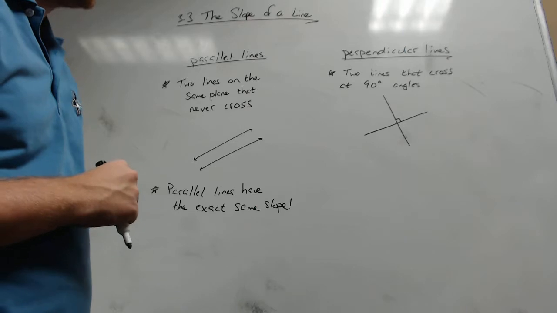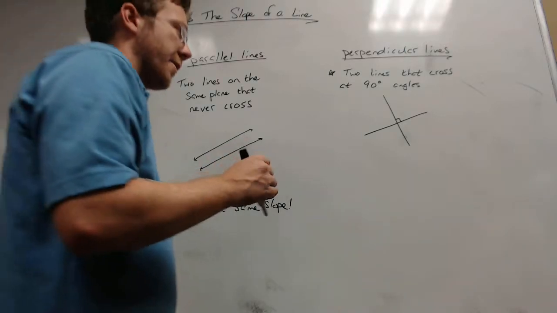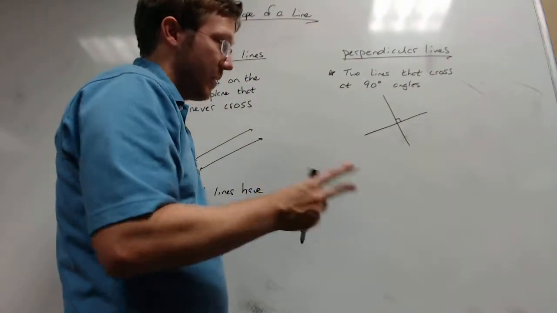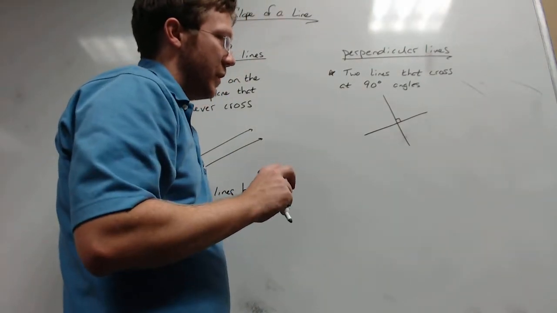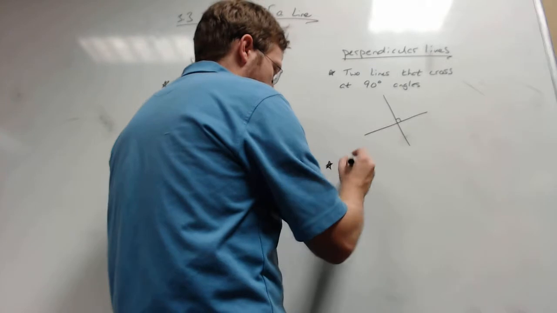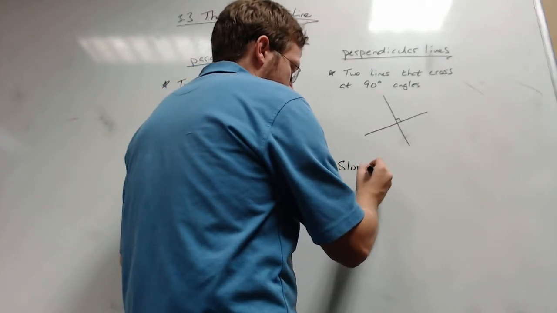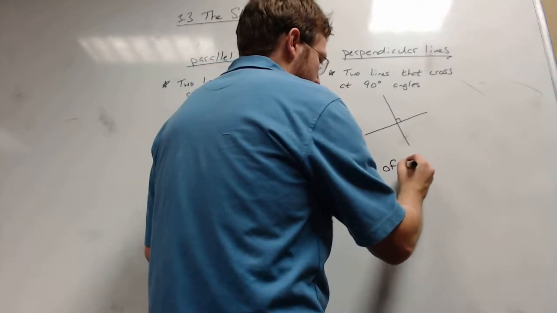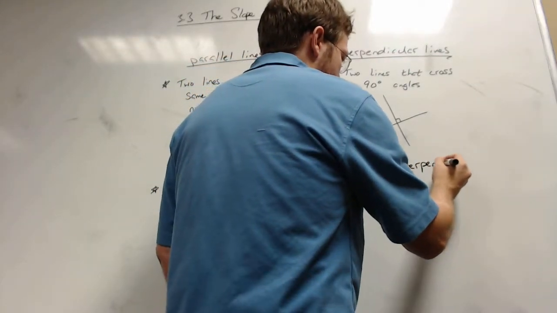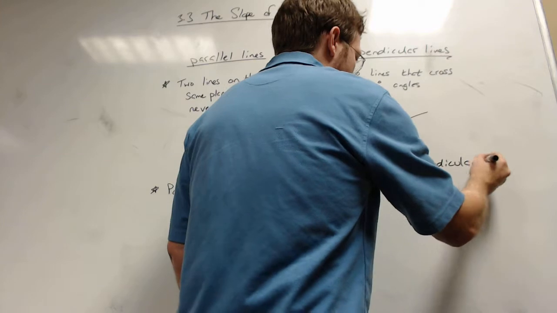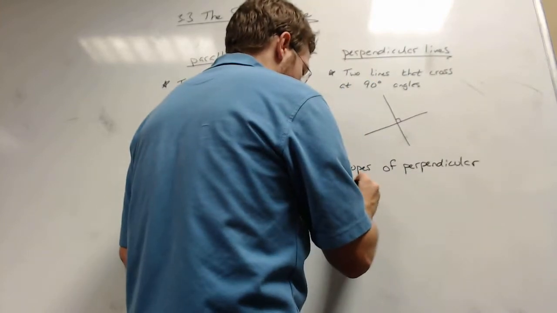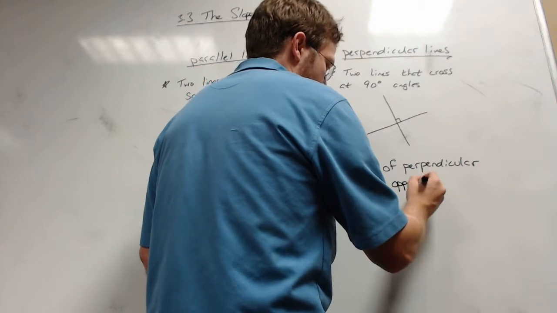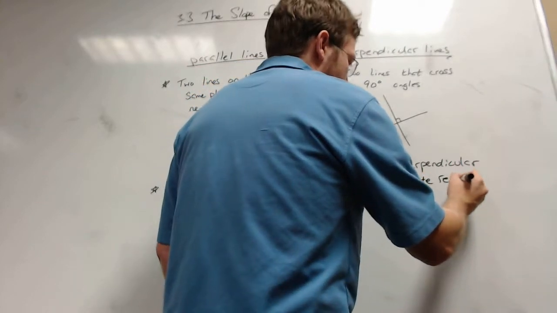Perpendicular lines, on the other hand, have exactly opposite slopes. I mean opposite in two ways. The slopes of perpendicular lines are opposite reciprocals.